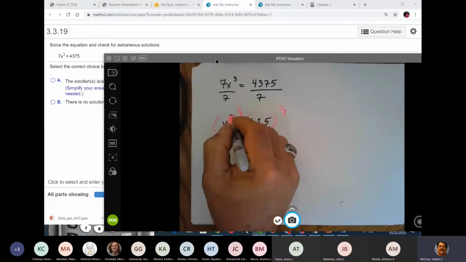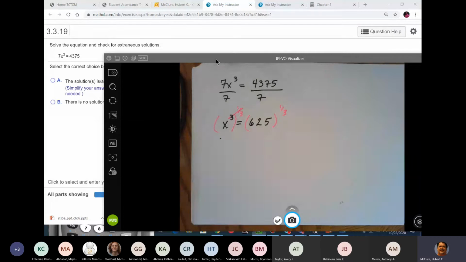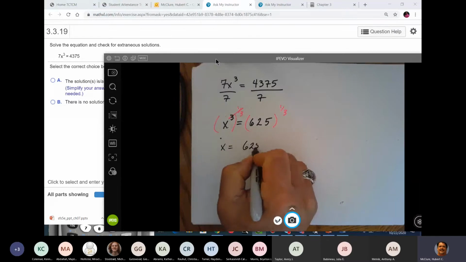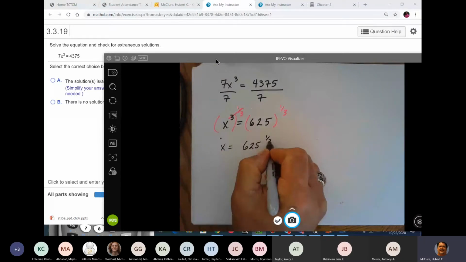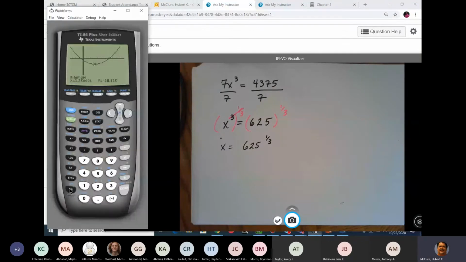And the 3 will cancel with the 1/3 and you're left with x is equal to 625 raised to the 1/3 power. And you take your handy dandy calculator and you raise 625 raised to the parentheses 1 divided by 3 power. 8.5499.